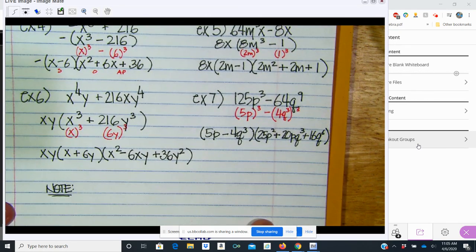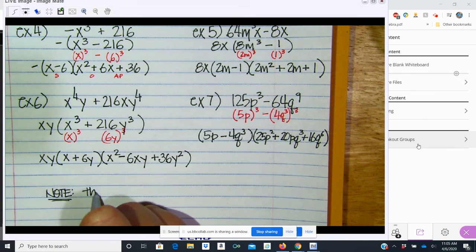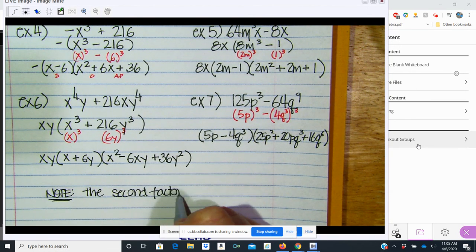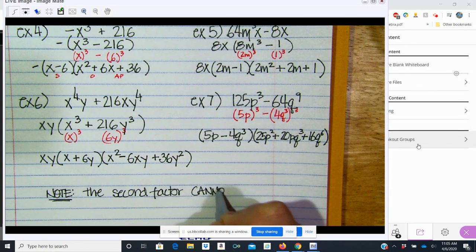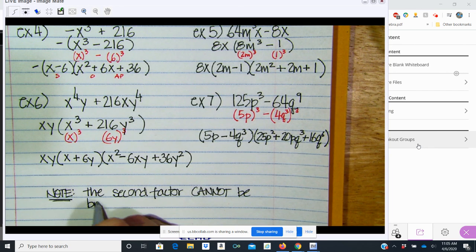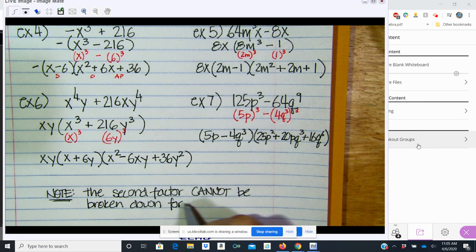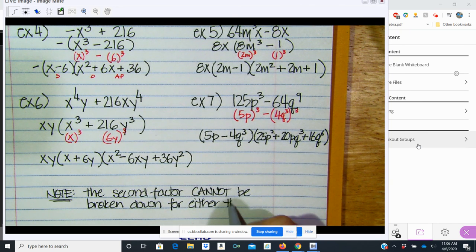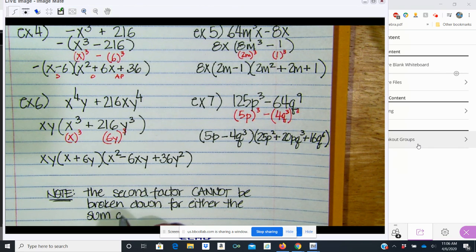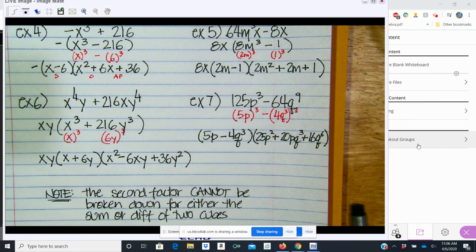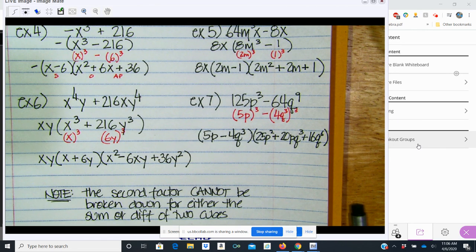Now here's something we didn't check, but comes out important. You notice every time we did a sum or difference of cubes, I never tried to break down the second factor.